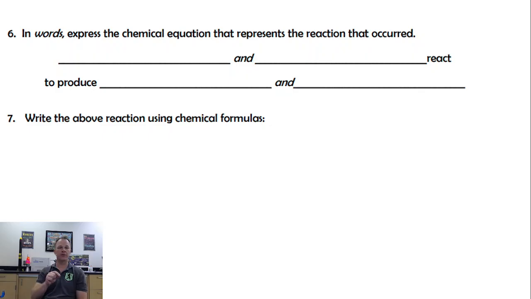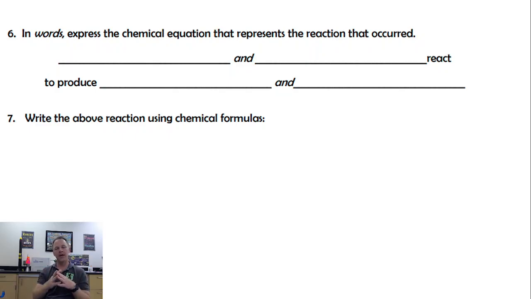We start by writing the reactants on one side, separated by a plus sign. We say we take this thing and put it together with this thing. And then there's an arrow, and that says that there's a chemical reaction. And then the things on the right side, the products, tell us what we get out of the reaction.